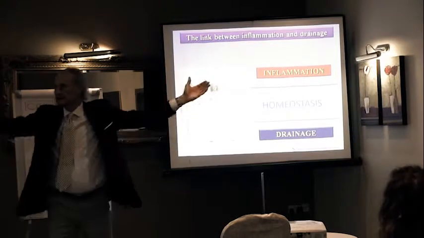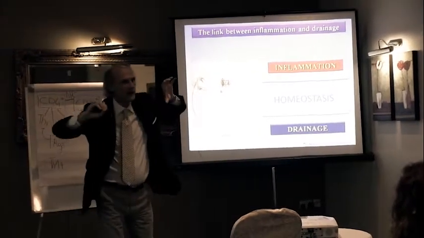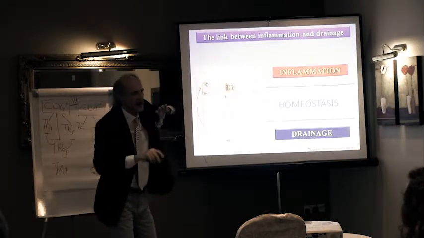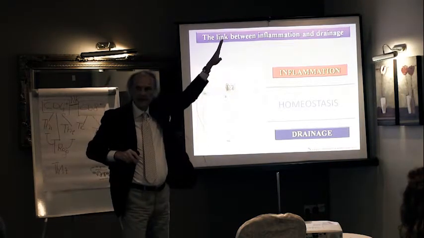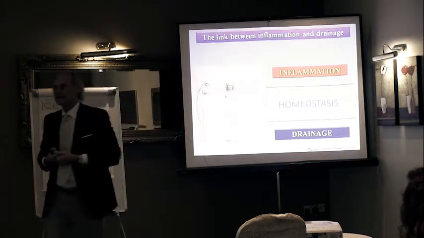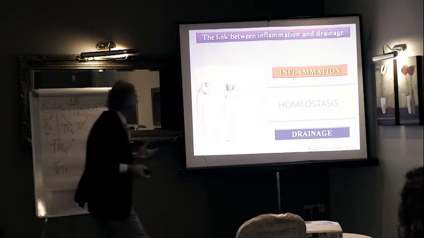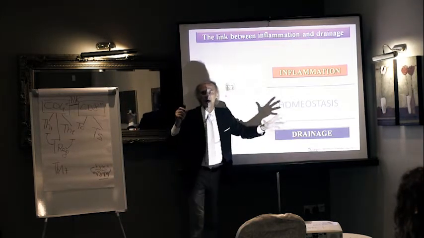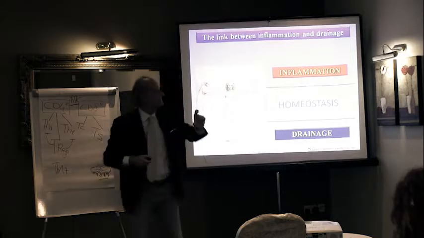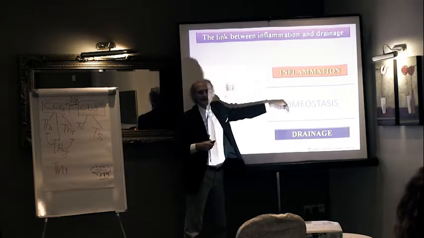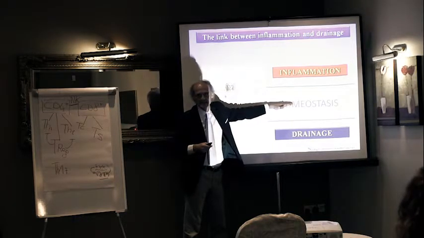Do you remember the triangle of the therapy? The blue part, drainage, more or less. The yellow part, PN-EI rebalance. And there is a very tight connection between inflammation and drainage. Why? First of all, both these two mechanisms are involved in maintaining homeostasis.